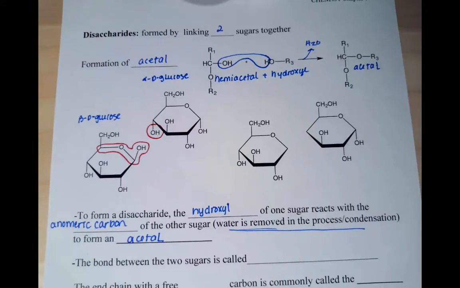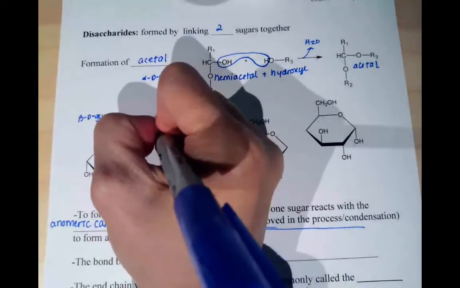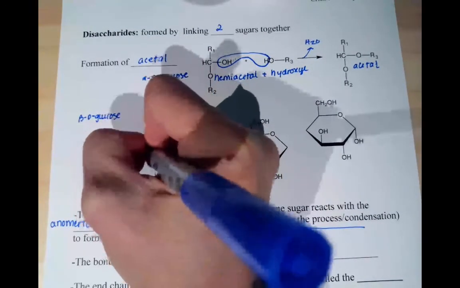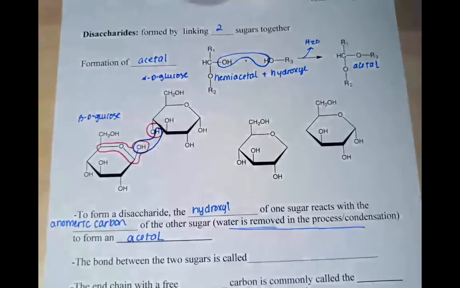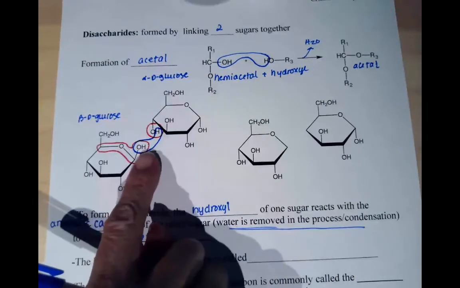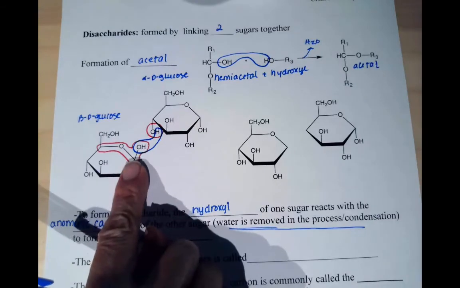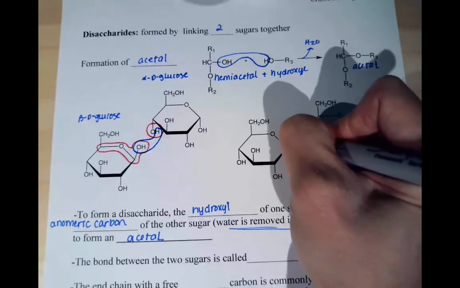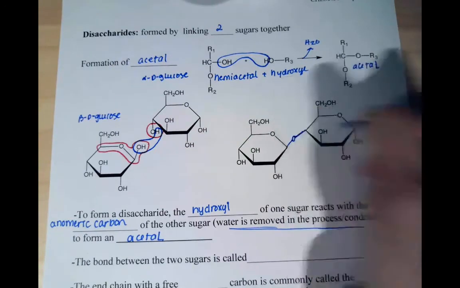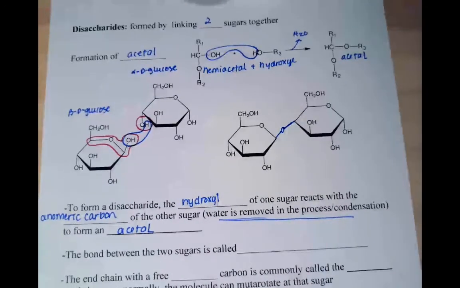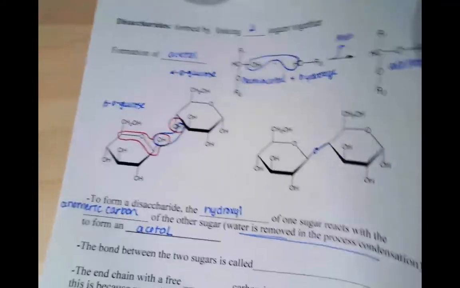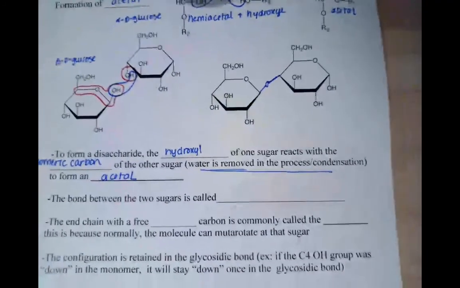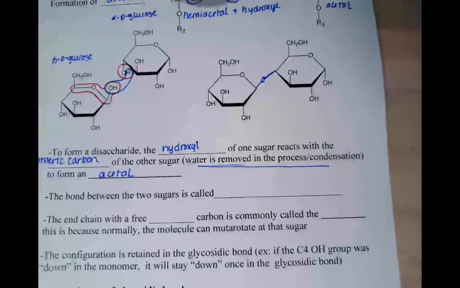And we're going to simply remove a molecule of water in between those two sugars to form our bond. So they're going to be connected together by an oxygen atom. So the bond between the sugars is called an O-glycosidic bond.